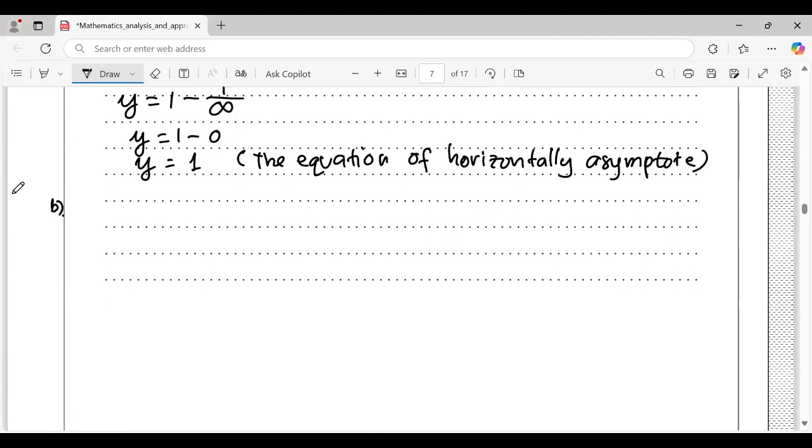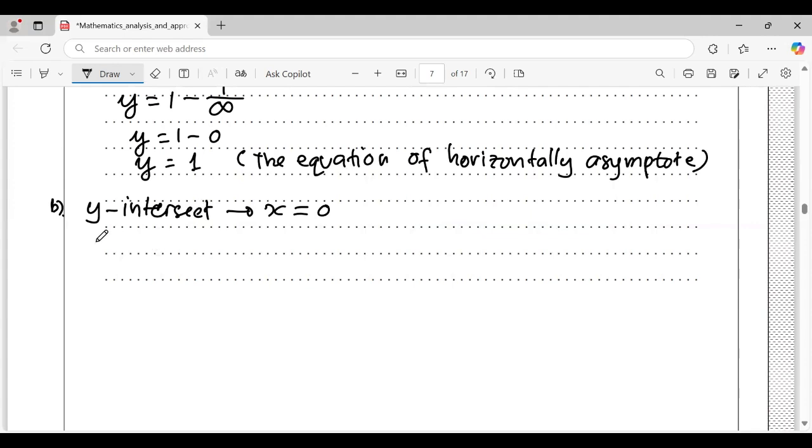To find the intersection on the y-axis, we need to set x equals 0.